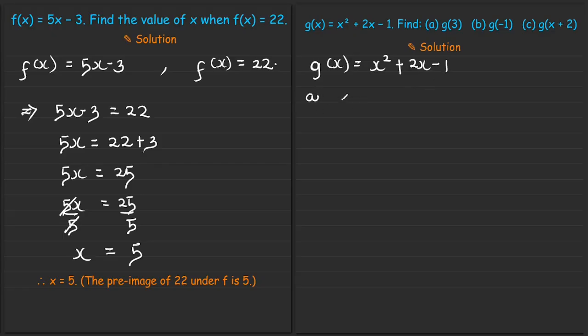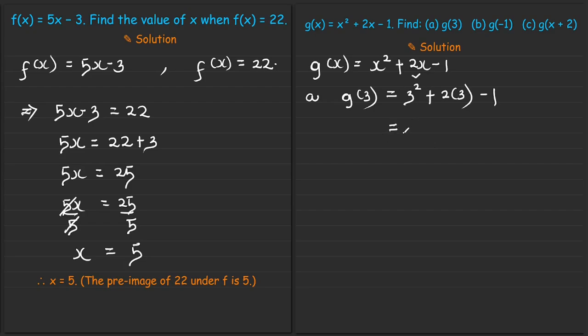So for a, we have g of 3. And what is g of 3 going to be? We substitute x for 3, so that instead of x squared, we actually have 3 squared. Then plus, instead of 2x, we actually have 2 times 3. Then we have our minus 1.